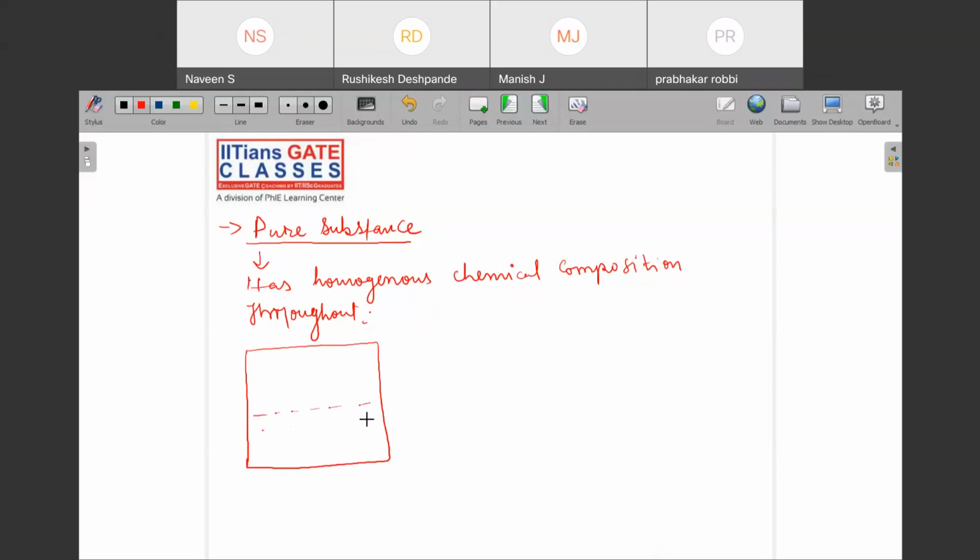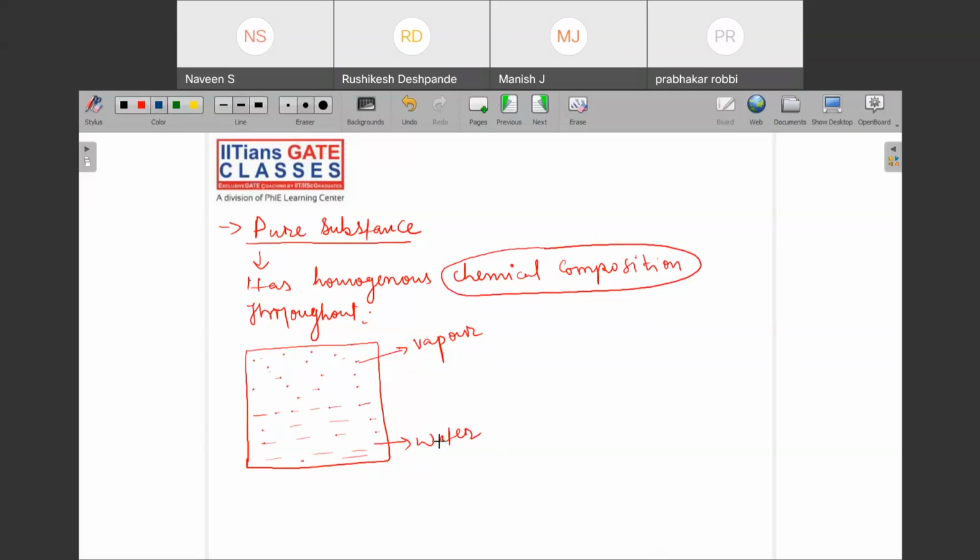There is some water settled on the downside and some vapor in this part, and these two are in equilibrium. I am focused upon chemical composition. Mind this word, chemical composition.